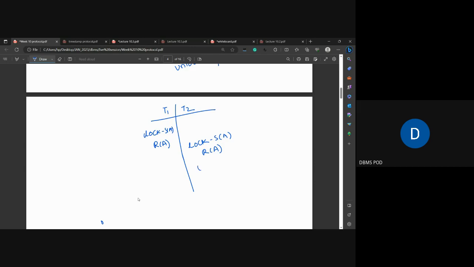You have to unlock this data item, then we can upgrade the lock, from shared lock to exclusive lock. Then we can write. So if we want to write in T2, we have to unlock in T1 and do the same thing. That is clear.